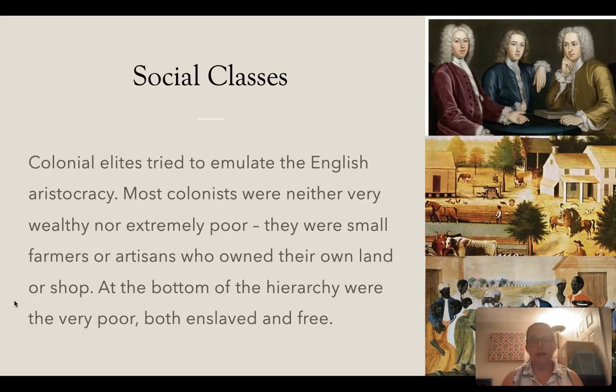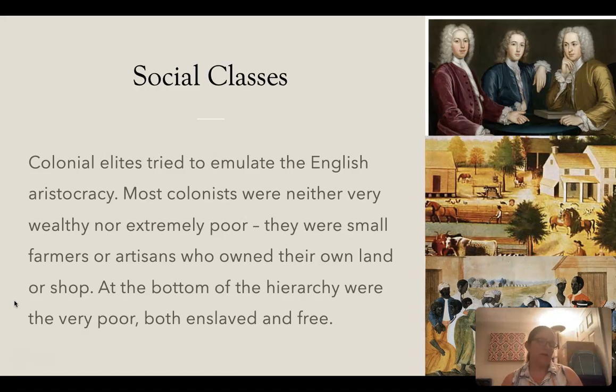So you couldn't claim to be an earl or a duke or anything like that. But for them, society was definitely hierarchical, and they were on the top of the pyramid. They are the ones who have the wealth. They are the ones who have the prominence. And they believed that this meant they had every right to dominate the other social classes.